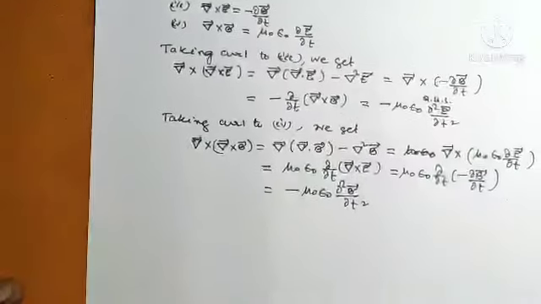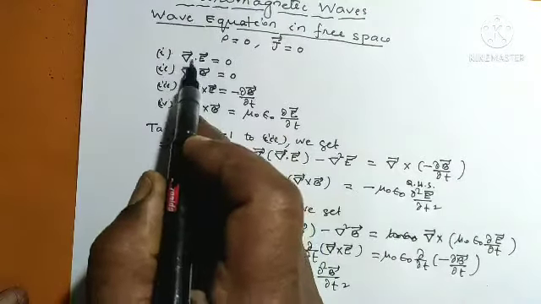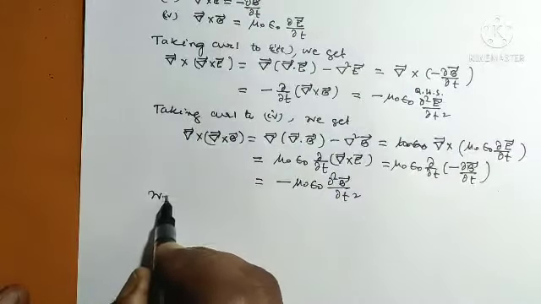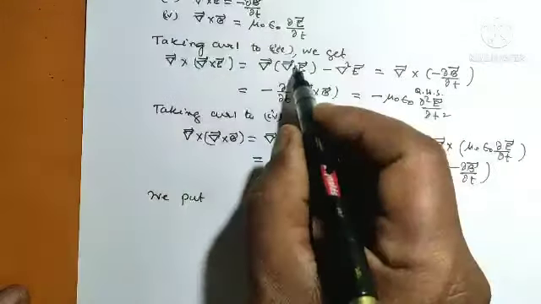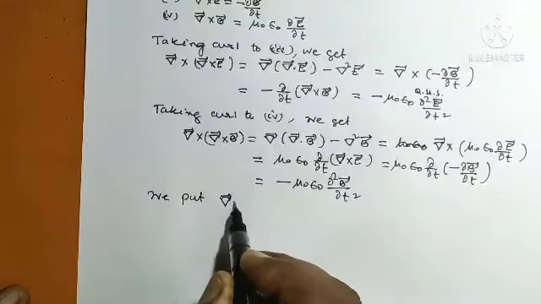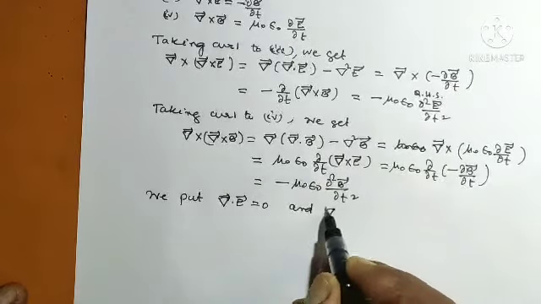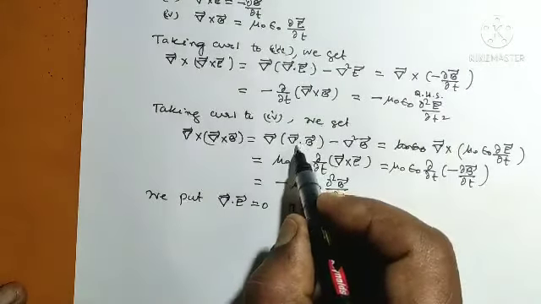We have div E equal to 0, from the first relation, and div B equal to 0 in this case.